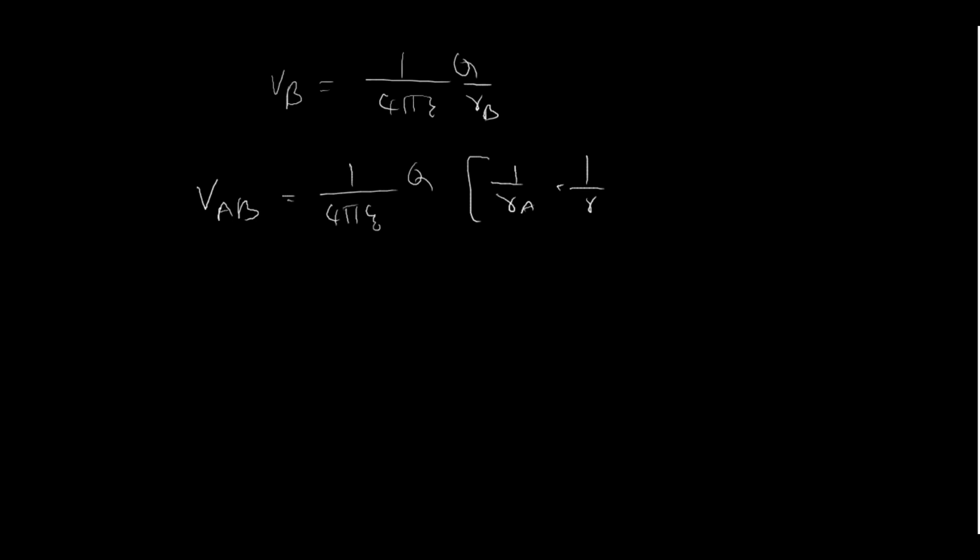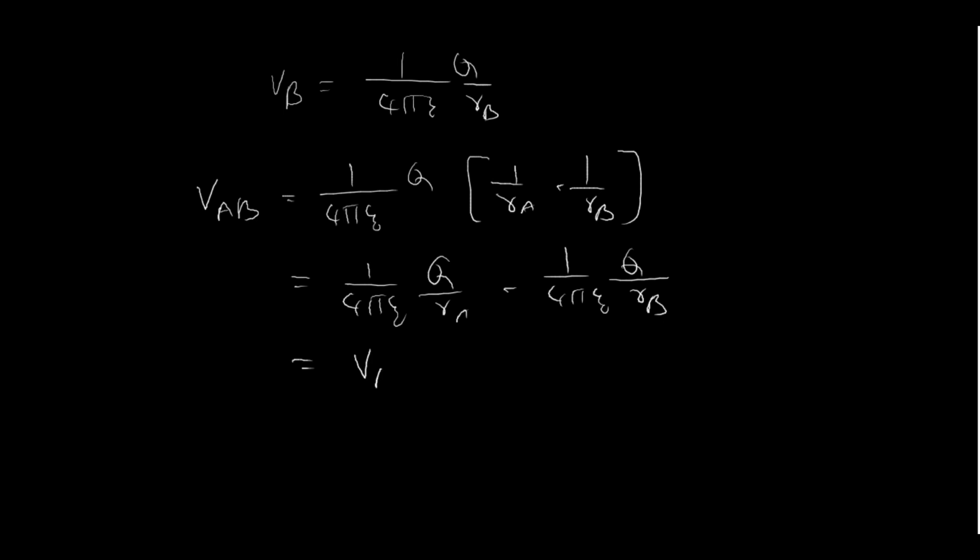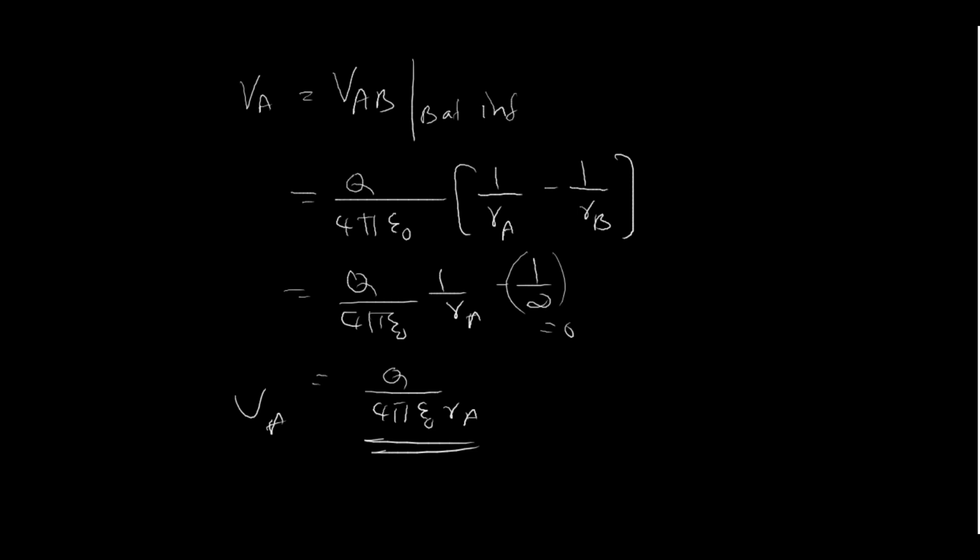If you multiply, that will be 1 by 4 pi epsilon 0 Q by RA minus 1 by 4 pi epsilon 0 Q by RB. Now we know this is VA and this is VB, right? So VAB is nothing but VA minus VB. So using this we can also define the absolute potential, which was VA.